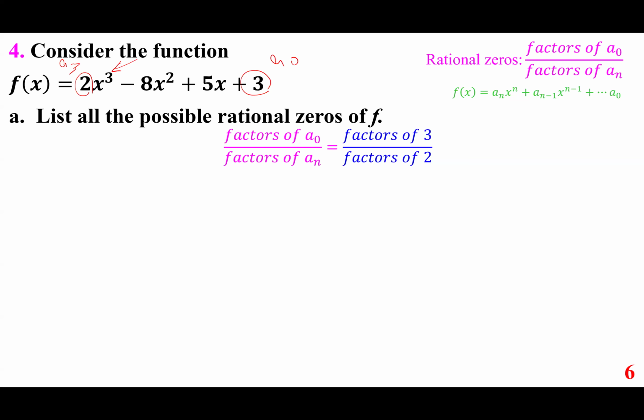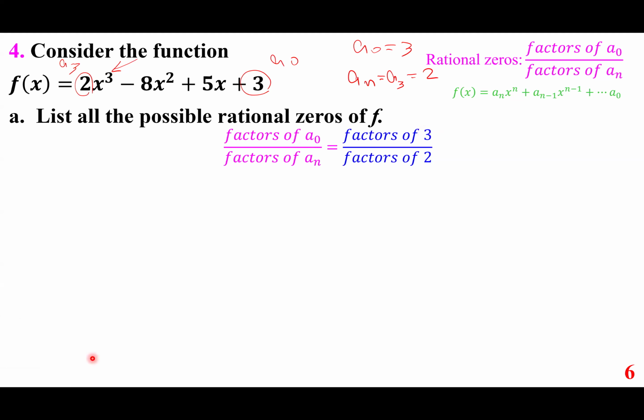So a sub 0 is the constant. A sub n, where n is 3, is equal to 2. The reason n is 3, because this is of degree 3. Now, what are factors of 3? Plus minus 1, plus minus 3.